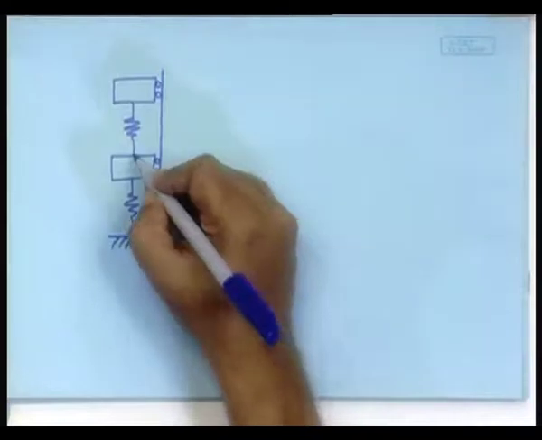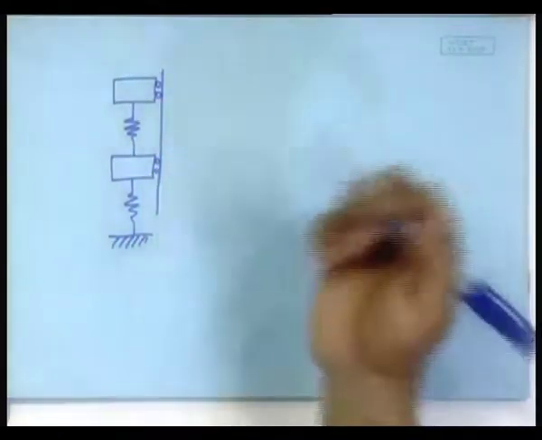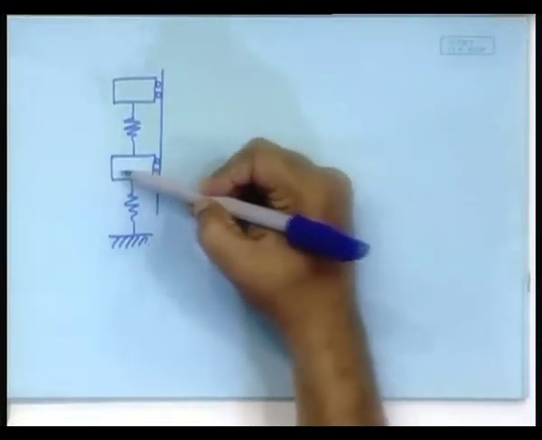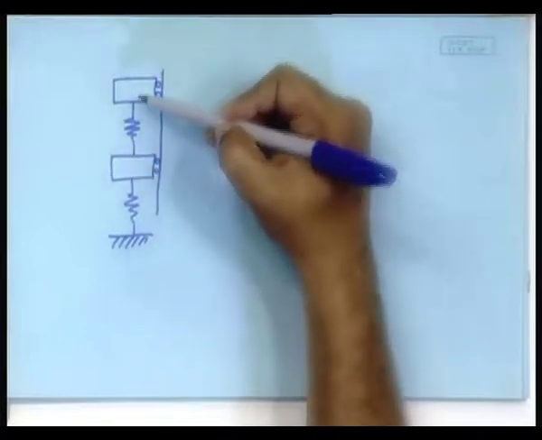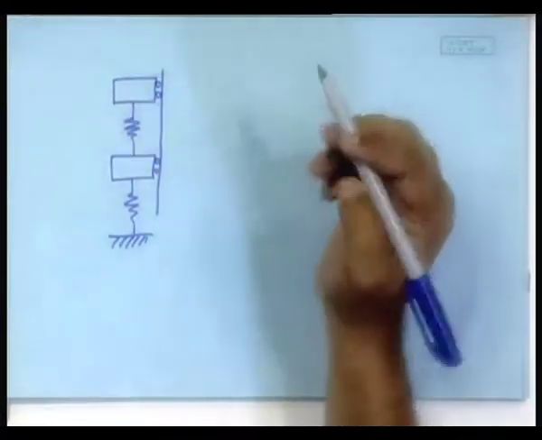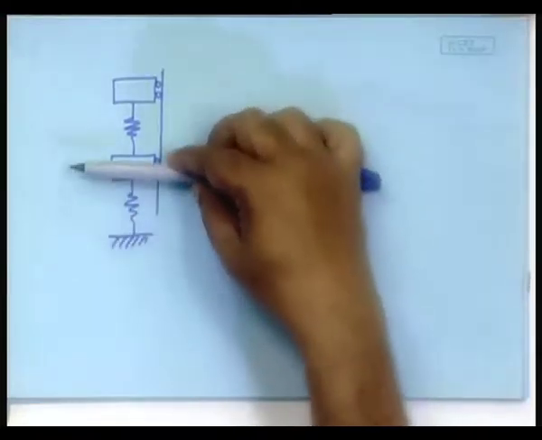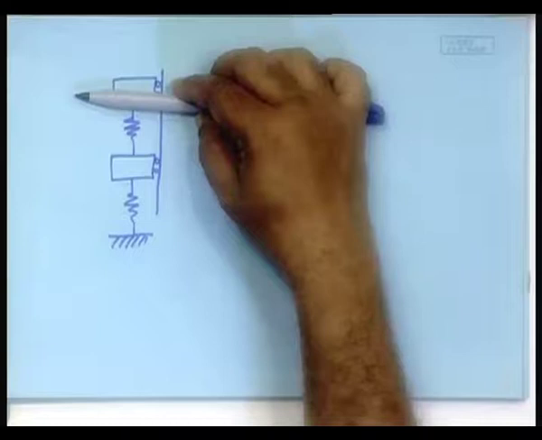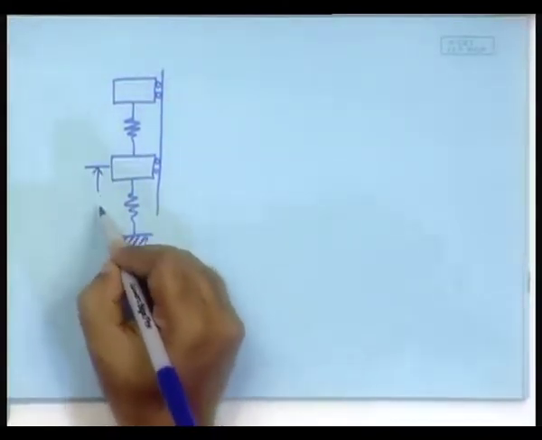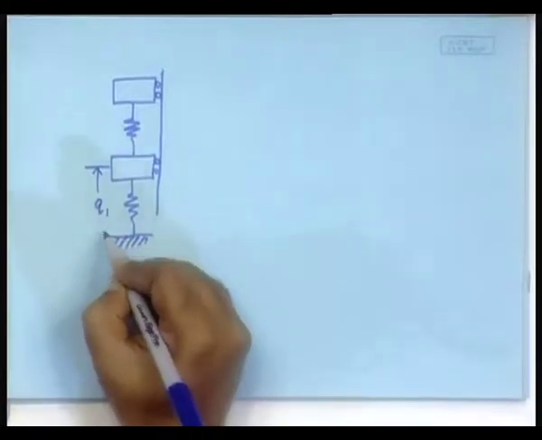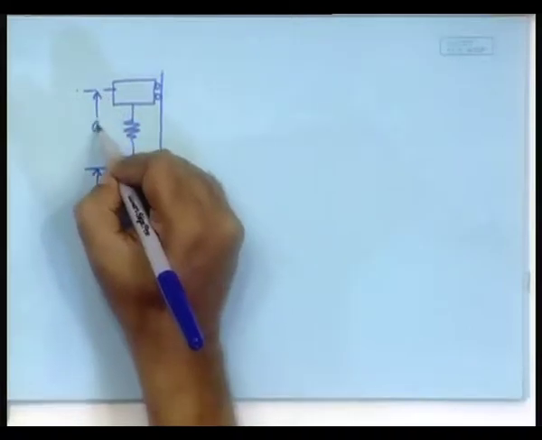but in that case we have to specify what we call the datum from which this mass's position is measured, and also the datum from which this is measured. Now, you might say let this be the datum from which both are measured, or you could say this is my Q1 and this is my Q2.